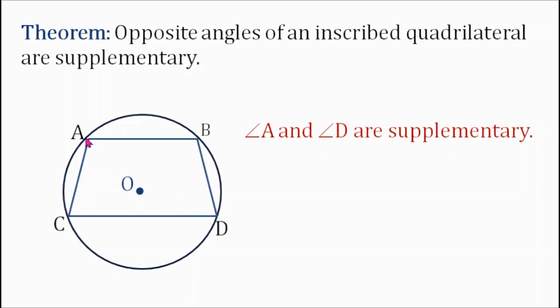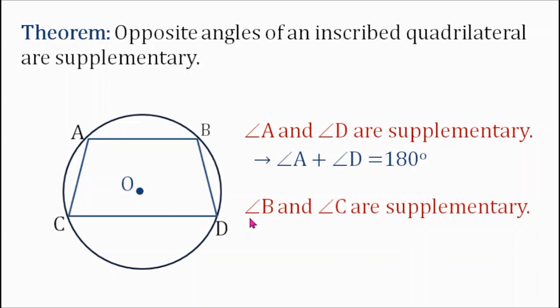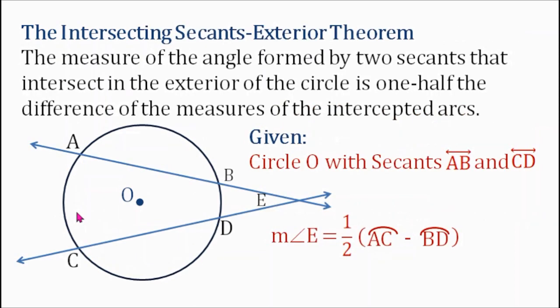That means angle A plus angle D equals 180 degrees. And also, angle B and angle C are opposite angles, so they are supplementary. That means angle B plus angle C equals 180 degrees.